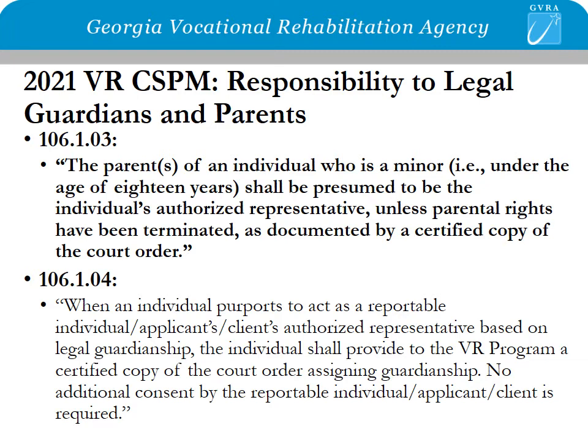The CSPM on responsibility to legal guardians and parents. 106.1.03 states, the parents of an individual who is a minor, i.e., under the age of 18 years, shall be presumed to be the individual's authorized representative unless parental rights have been terminated as documented by a certified copy of the court order. 106.1.04 states, when an individual purports to act as a reportable individual, applicant's, or client's authorized representative based on legal guardianship, the individual shall provide to the VR program a certified copy of the court order assigning guardianship.